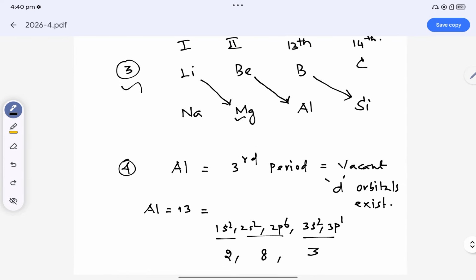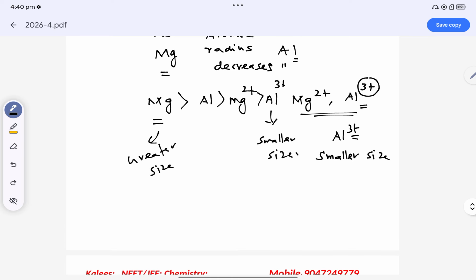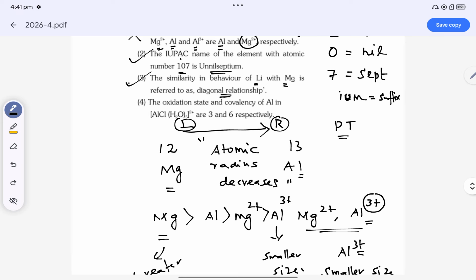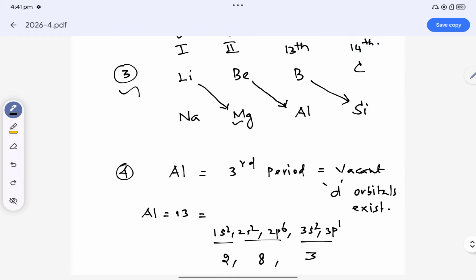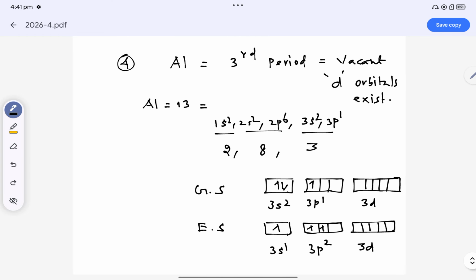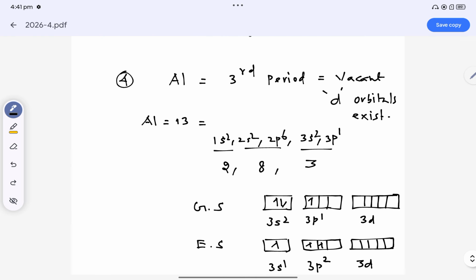And also aluminium, what oxidation state does it exhibit? It exhibits 3, and the covalence is found to be 6. We have to check. What is the complex they had given? I am writing here: aluminium, [Al(H2O)5Cl]2+.